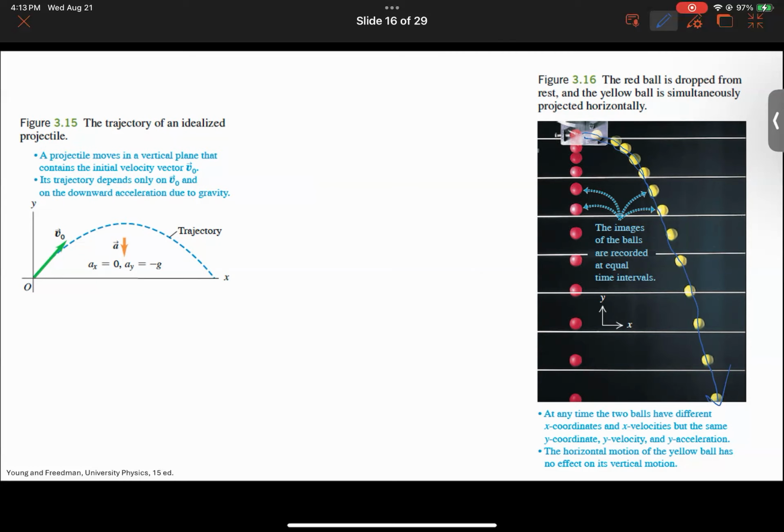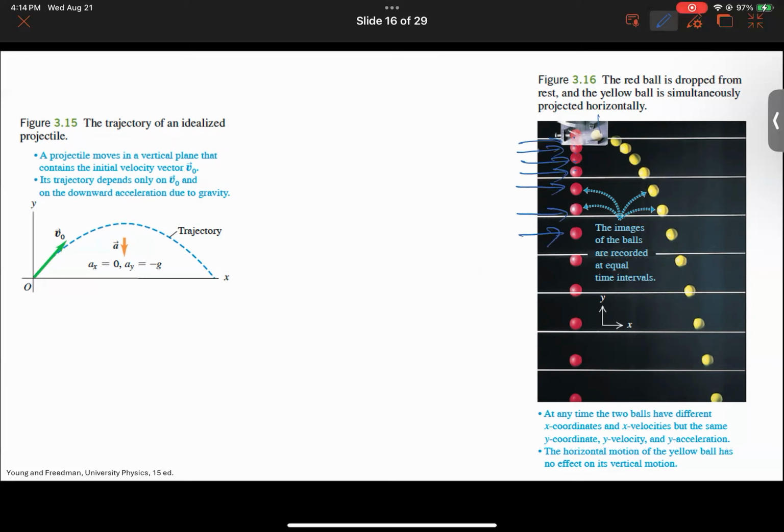Now, tignan natin yung trajectory niya, yung path na tinitake niya at the same time intervals. Okay, at the same time intervals, we will see na ganito yung nangyayari along the y-axis. Nag-i-increase, di ba, yung kanyang position at the same time intervals.